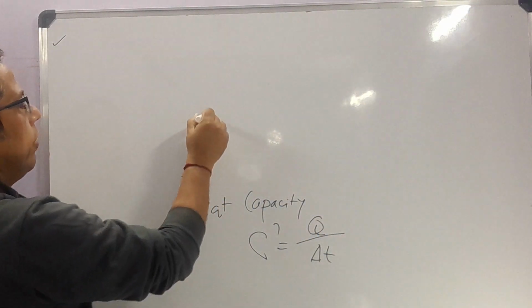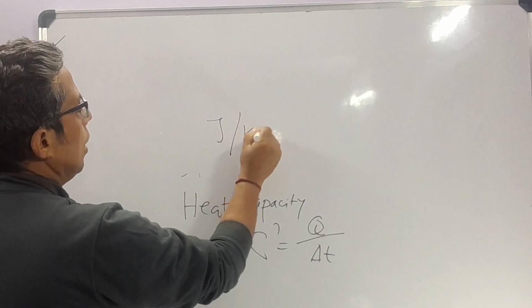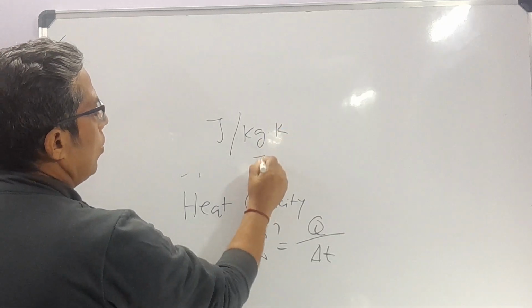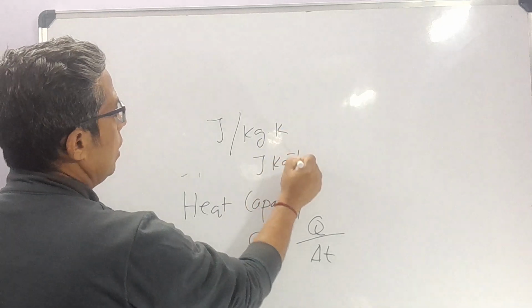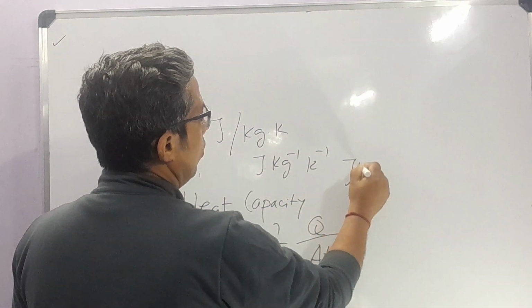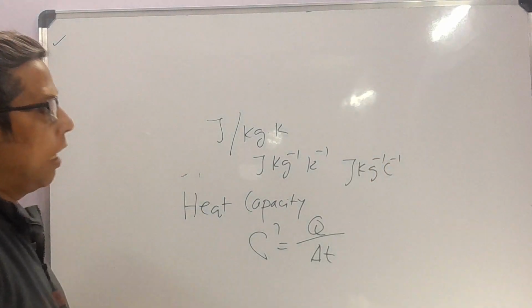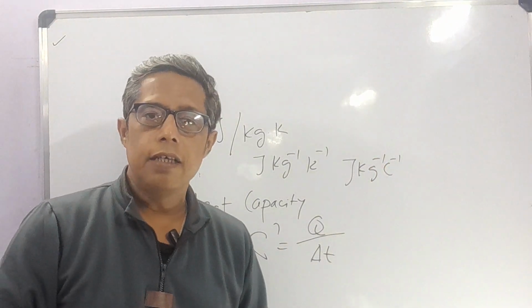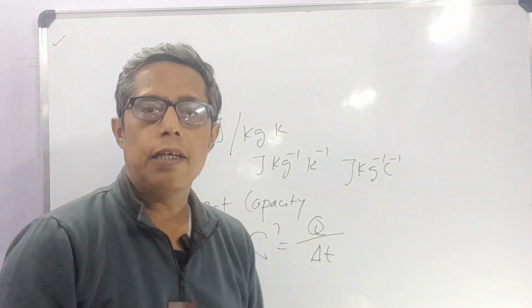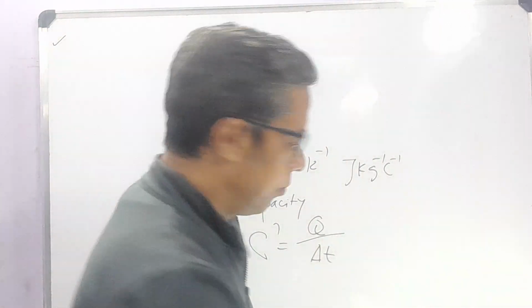The unit of specific heat is J/(kg K), or you can write J/(kg °C). The Kelvin and centigrade differences are the same, so ΔK = Δ°C, because the scale difference is 100 in both.